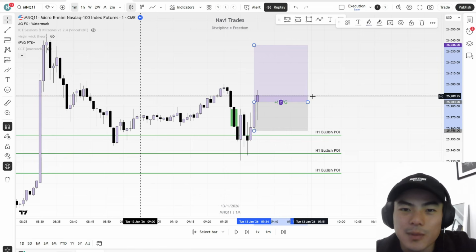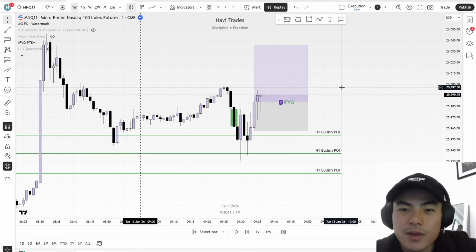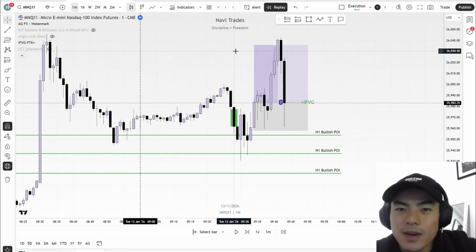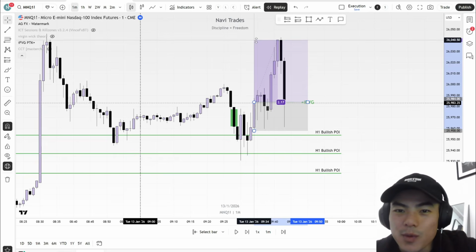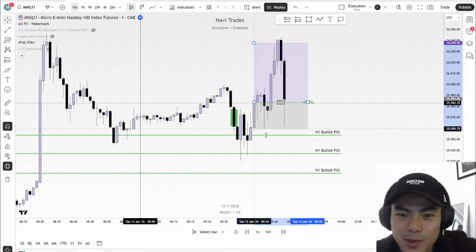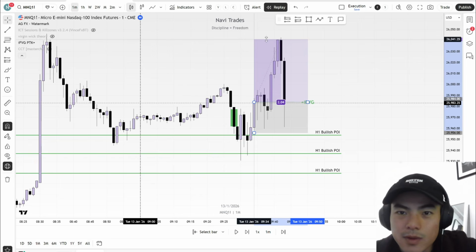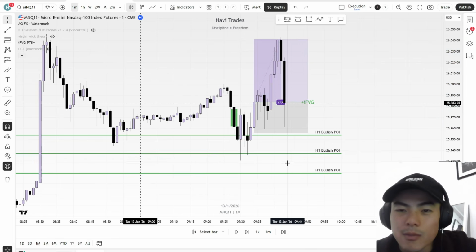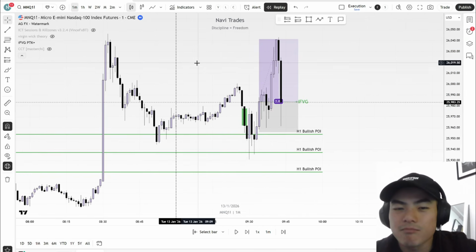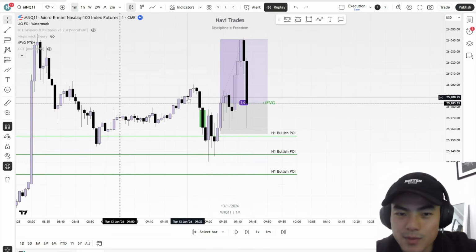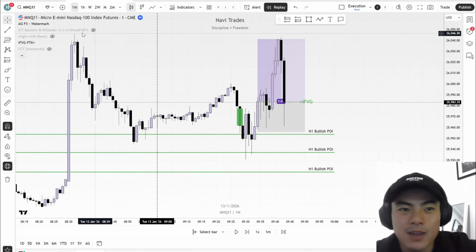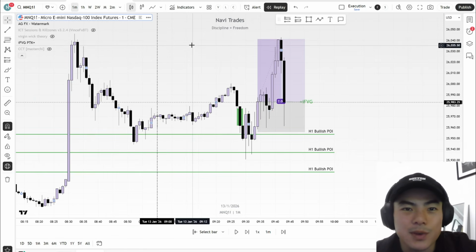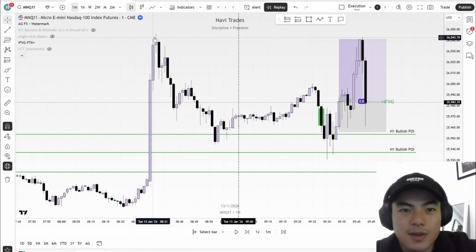And then if we let that play out, boom, 2 hour. You even have a tiny bit more room, so you could have been a bit more lenient with the stop loss, and you still would have hit it. But yeah, that's A+ for me. Nice trade into the POIs and then IFVG and into this draw on liquidity.